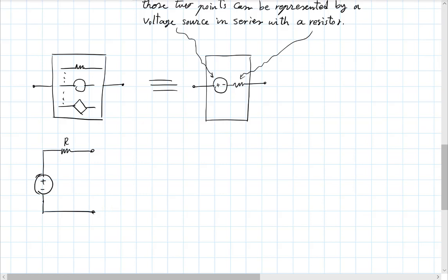And this resistance would be called R Thevenin, and this voltage would be called V Thevenin. And you would put it in a box. Now, the important thing from an application point of view is, maybe the first thing, to draw the IV characteristics for this circuit.